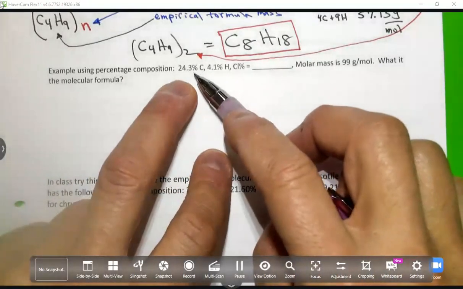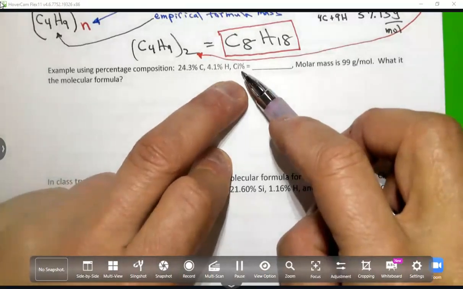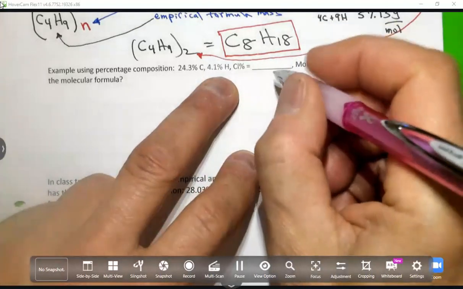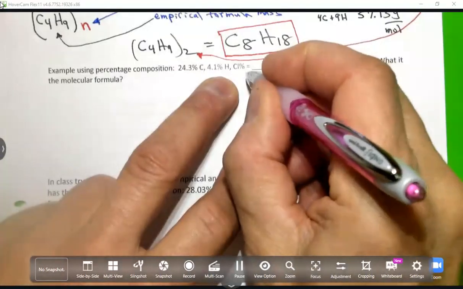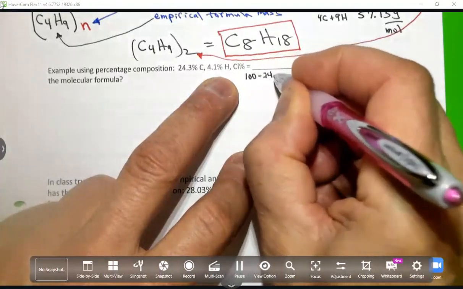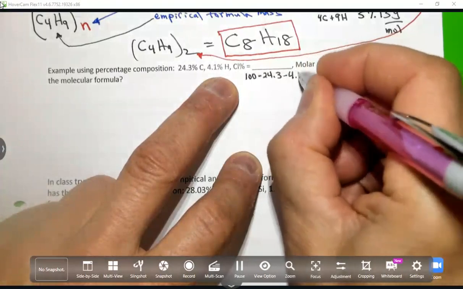We have carbon, hydrogen, and chlorine. The percentages have to add up to 100. So my percent chlorine is going to be 100 minus 24.3 minus 4.1.